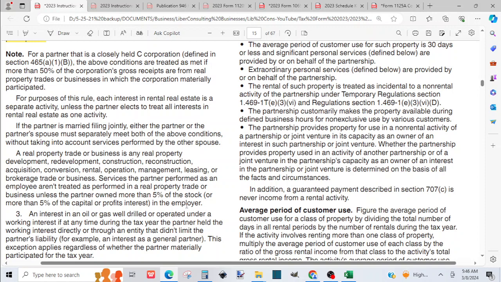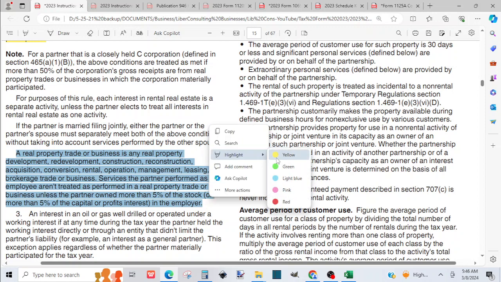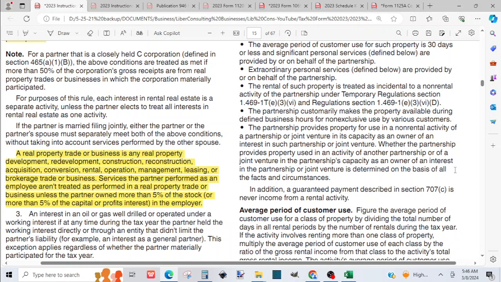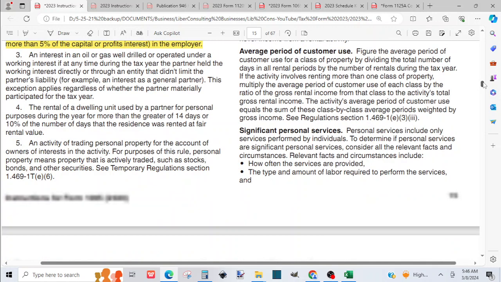So it is good for you to read it through if you have rental property and you want to treat your rental property as a trade or a business rather than a passive activity. But then they have an activity of trading. I am not going to continue reading that.